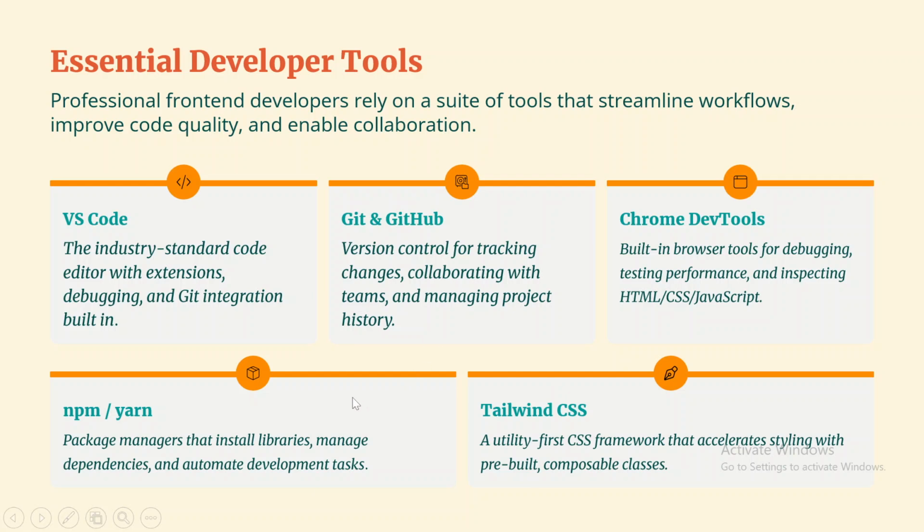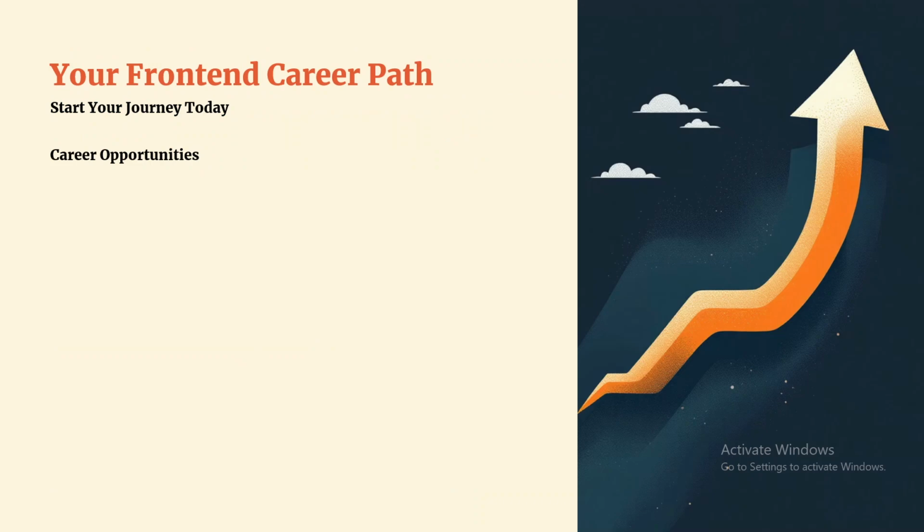Okay, so these are the main important things you will learn in your coding when we start with front-end development. At that time we will introduce them one by one. So let us move on to the front-end career path. Here you will have the career opportunities. The first one is front-end developer. You will build user interfaces for web applications.